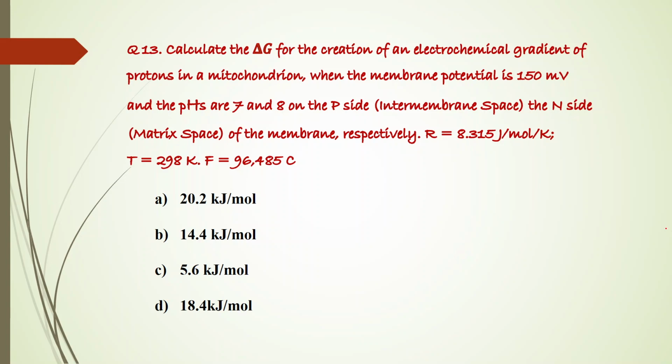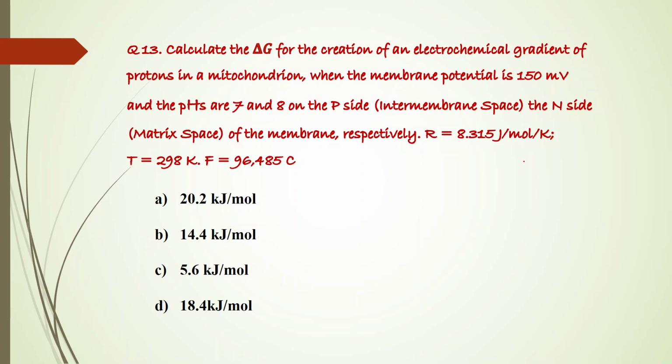So in this question they are saying, calculate the delta G for the creation of an electrochemical gradient of protons in a mitochondria when the membrane potential is 150 millivolt and the pHs are 7 and 8 on the P side and the N side of the membrane respectively. Now they have given the values of R, T and F as well. You have to calculate the delta G value.